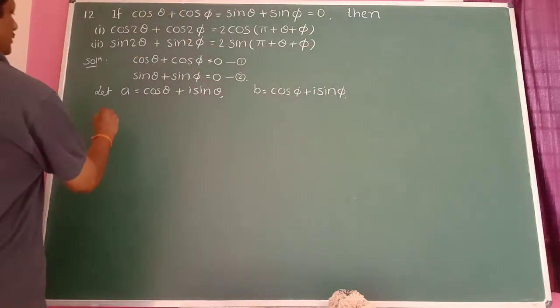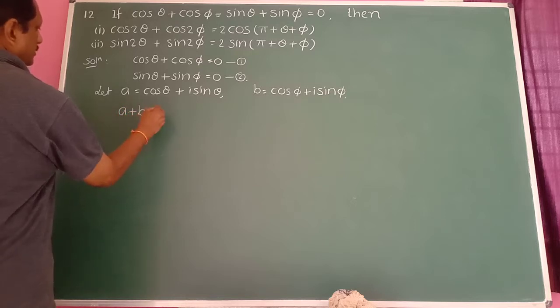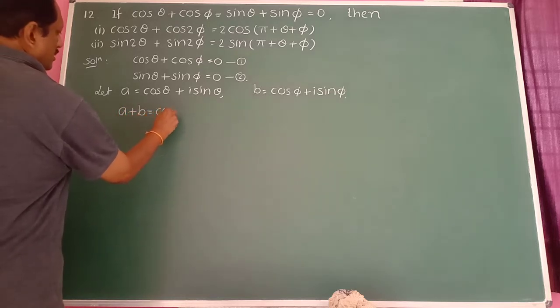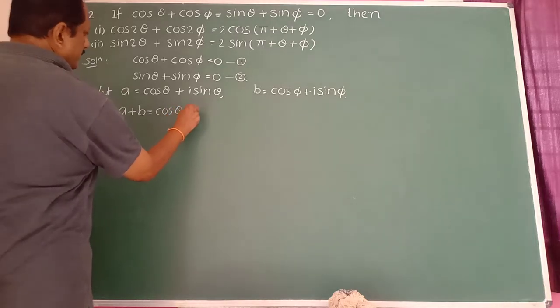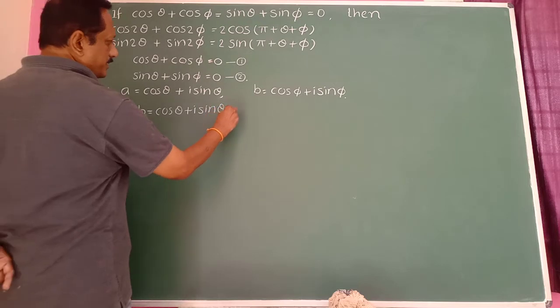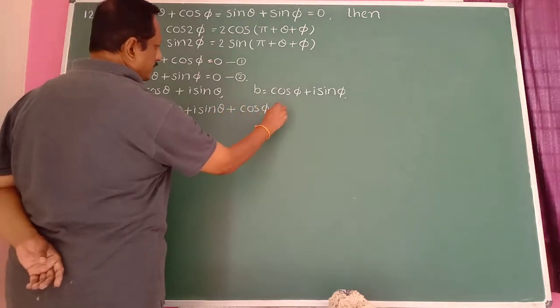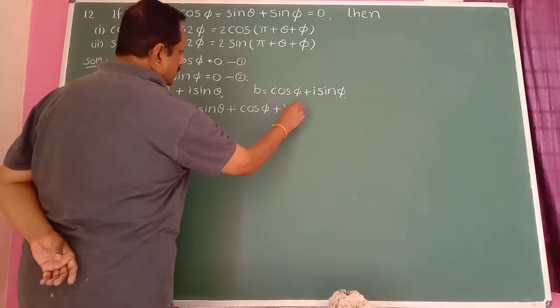Then adding these two, A plus B is equal to cos theta plus i sin theta, plus cos phi plus i sin phi.